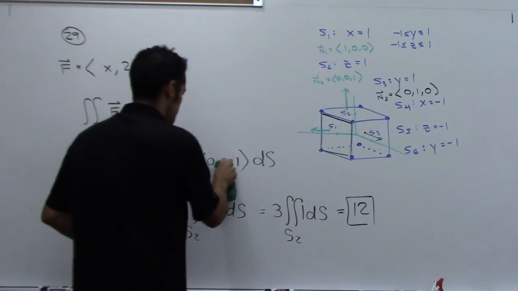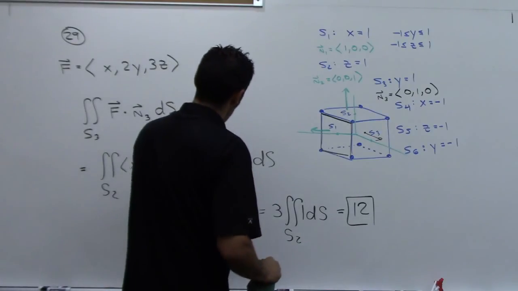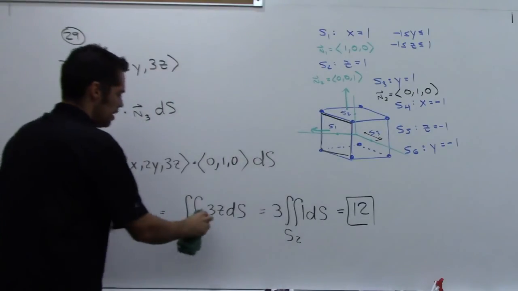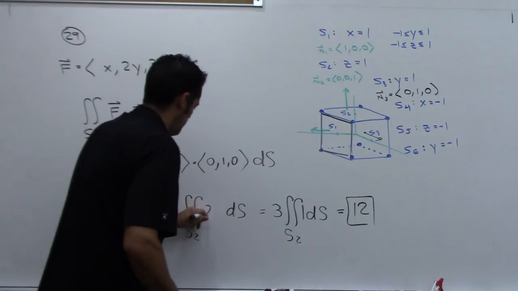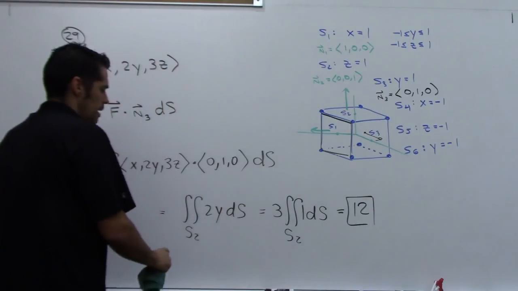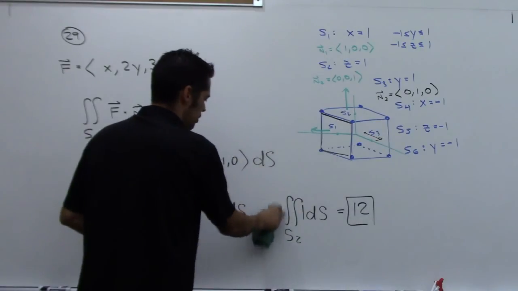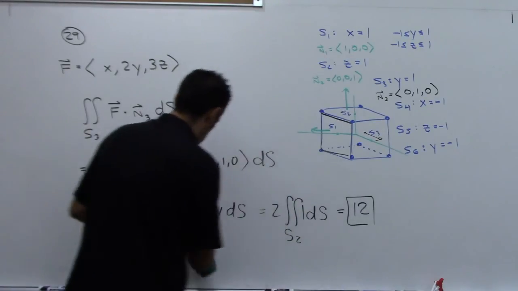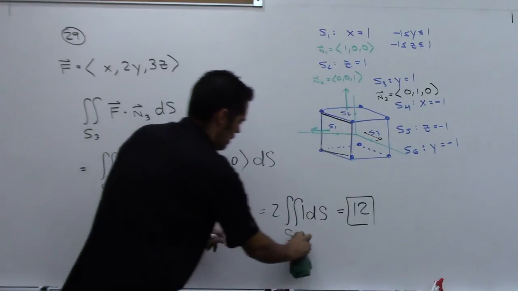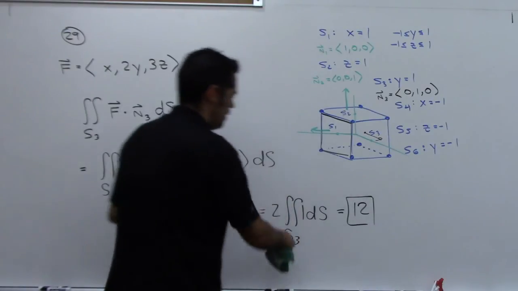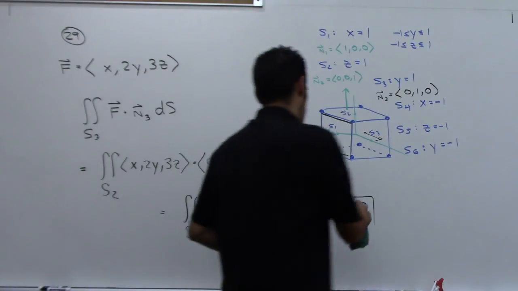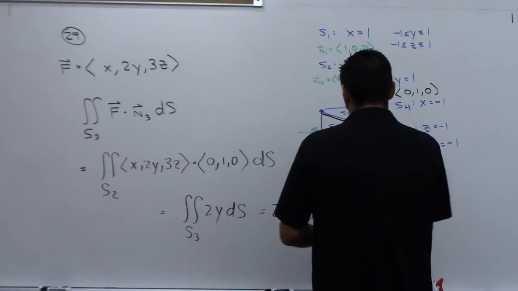This changes to 0, 1, 0. And when we dot that, we get 2y here. But y here on this one is 1, so we get a 1, but we pull the 2 out. And the surface area of S3 is 4, so we're going to get 8 here instead. So 8.